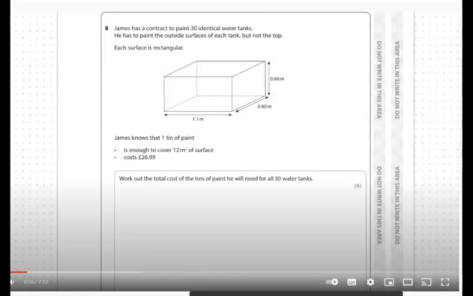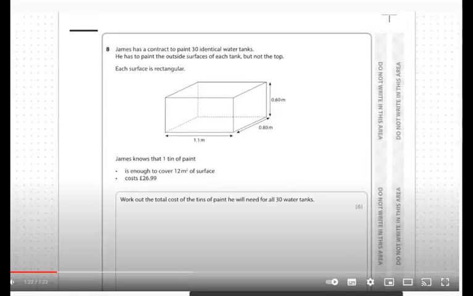The measurements are all in meters. It is not mixed units. James knows that 1 tin of paint is enough to cover 12 meters squared of surface. It costs £26.99, so that's referring to the tin of paint. Work out the total cost of the tins of paint he will need for all water tanks.